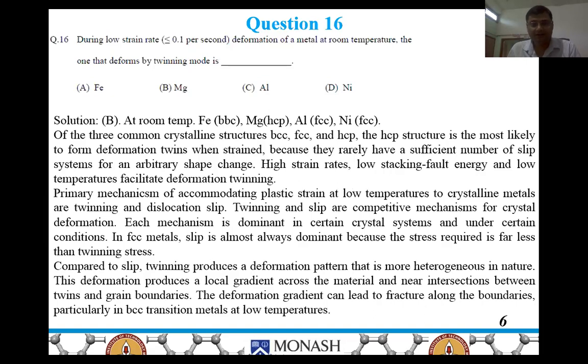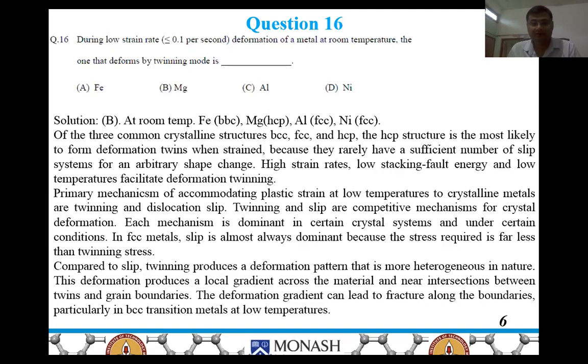High strain rates, low stacking fault energy, and low temperature facilitate deformation twinning. The primary mechanisms of accommodating plastic strain at low temperatures in crystalline metals are twinning and dislocation slip. Twinning and slip are competitive mechanisms for crystal deformation.